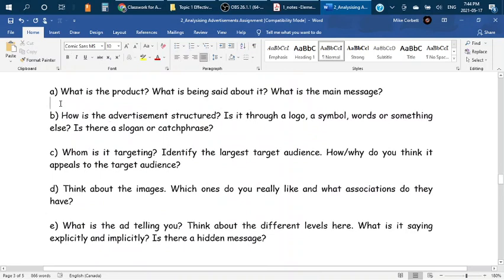And so what is the product? The product is Axe body spray. And what is being said about it?